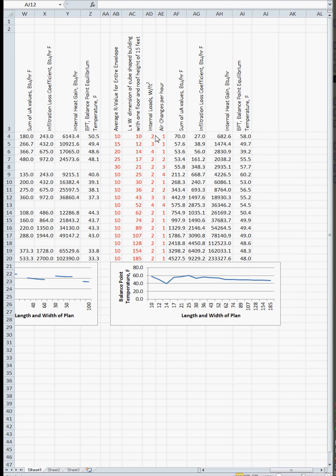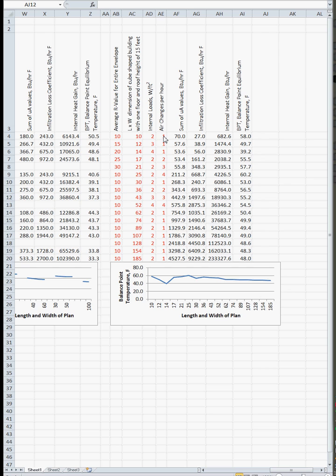What it's going to tell you is what kind of an average R value you need, what kind of an aspect ratio of the building in terms of its shape efficiency, how your internal load magnitude is going to impact, and how your air change ratio is going to impact that balance point temperature.